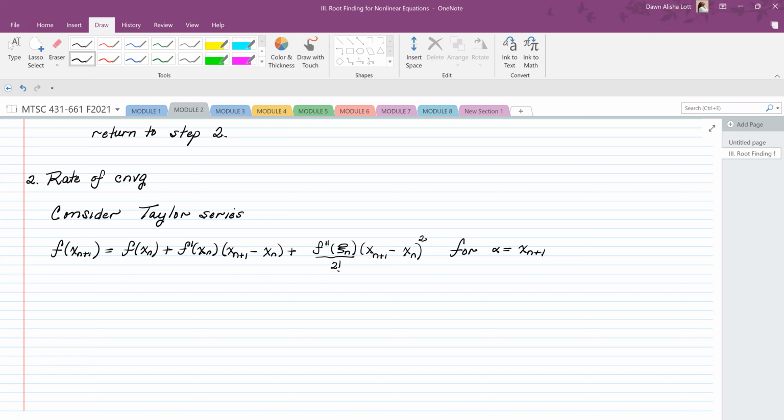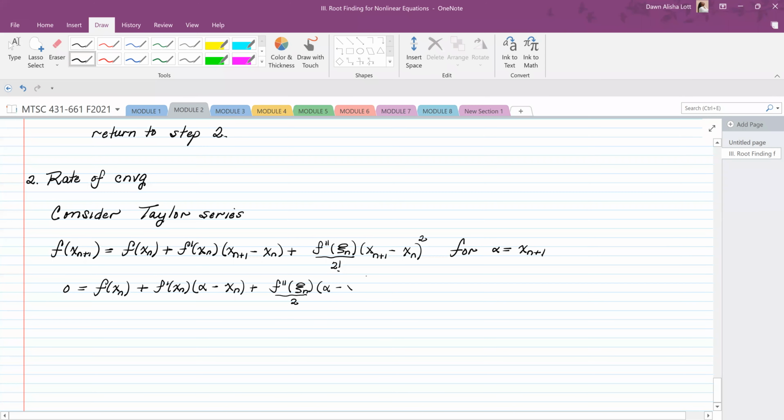If that's the case, then we have 0 equal to f of xn plus f prime of xn times alpha minus xn plus f double prime, at some cn, divided by 2 times alpha minus xn squared.